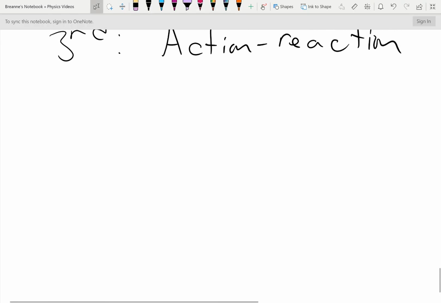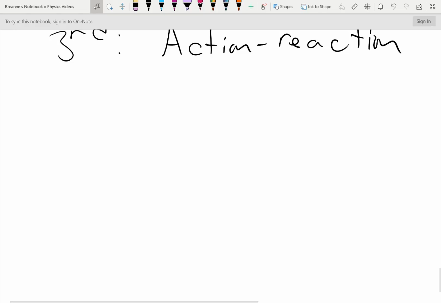And yeah. So number 5, it says if a 20,000 Newton car is accelerated at 2 meters per second squared, what is the force acting on the car? It's a weirdly worded question.